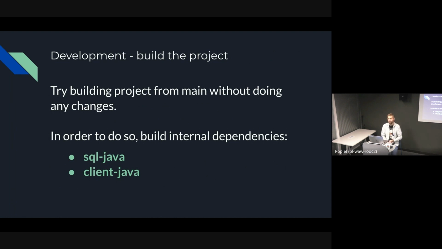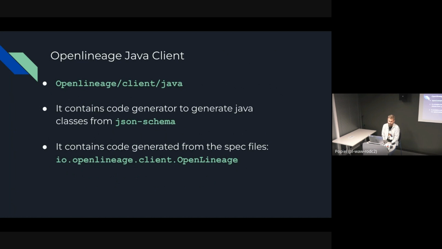If you want to build the OpenLineage Spark integration, you first need to build its internal dependencies, like SQL Java and client Java. The OpenLineage Java client is our client to emit events from Java that we use for Spark and Flink, and actually you can use it for anything you want.